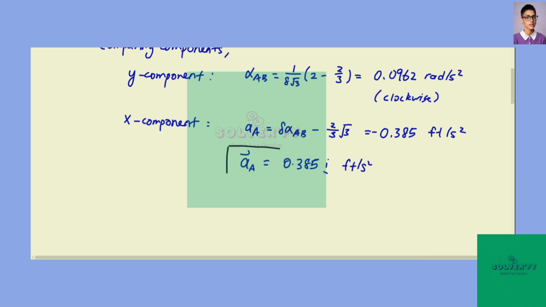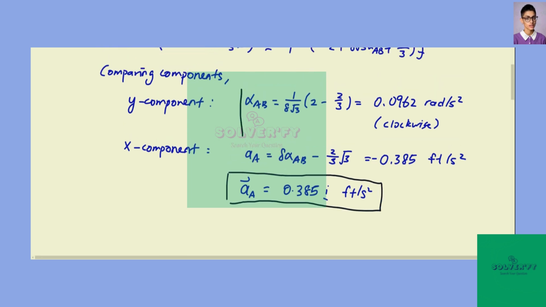This is the acceleration of point A, and this is the angular acceleration of the ladder AB. And that's all.